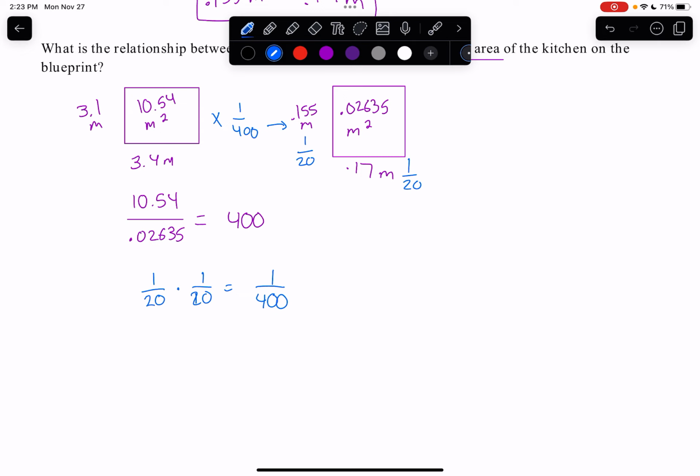I squared the scale factor when I squared the dimensions of the figure to give me the area. Since area is a square unit, my scale factor gets squared.